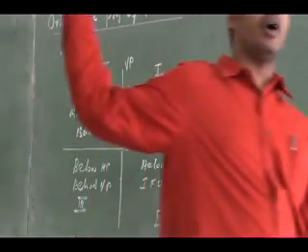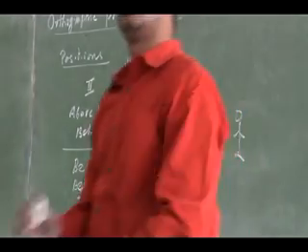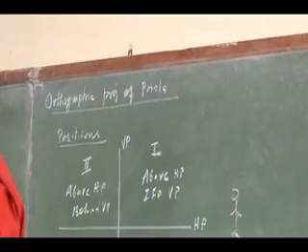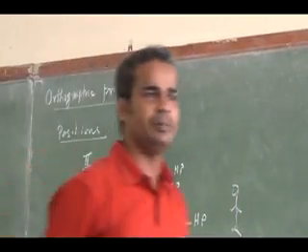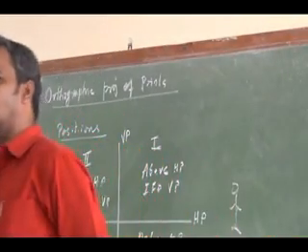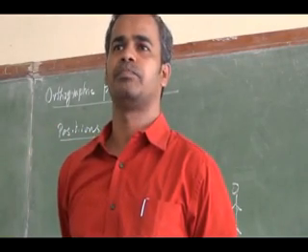Take a problem. A point A is 20 mm above HP and 30 mm in front of VP.